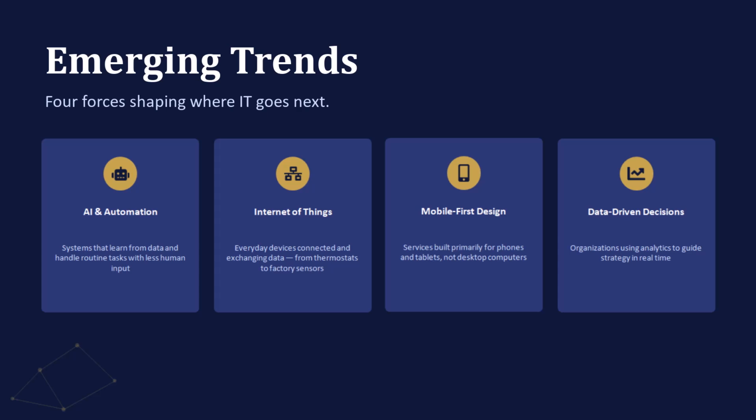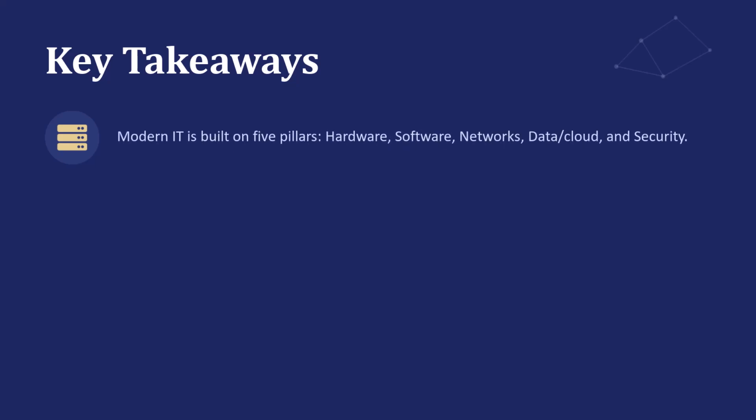You don't need to be an expert in any of these to work effectively in a modern organization, but recognizing them when you see them will help you understand why systems around you are changing the way they are. Let's bring it all together. Modern IT is built on 5 pillars: hardware, software, networks, data and cloud, and security.